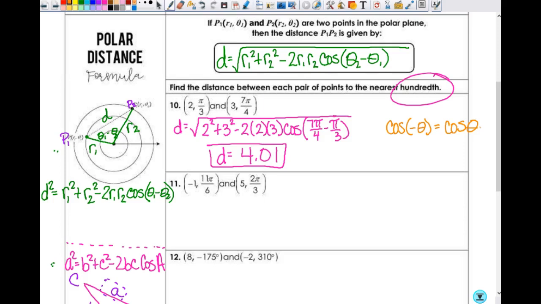All right, I want you to do number 11. Write it down, substitute it in, whole 9 yards.